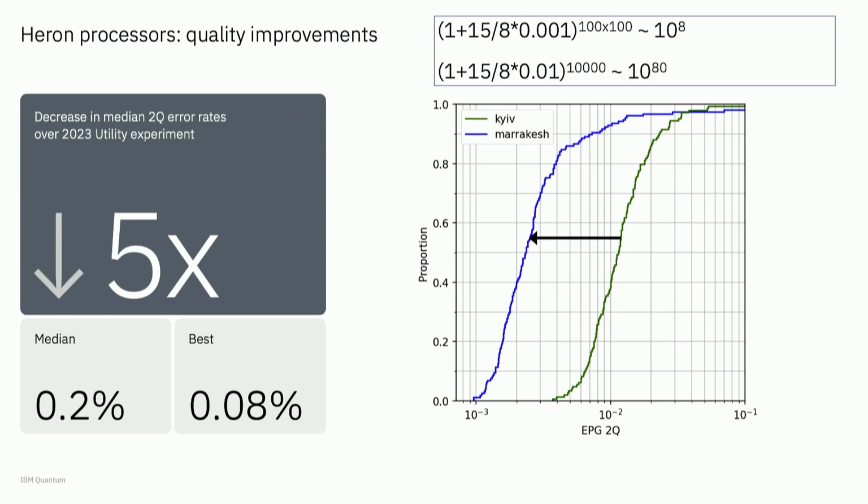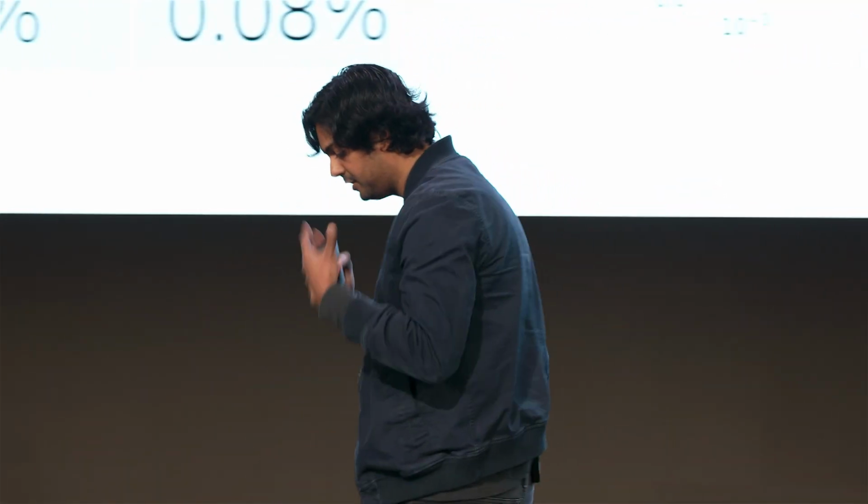And you can see I have some numbers at the top. Essentially, that PEC sampling overhead for a 100 by 100 circuit drops by 70 orders of magnitude with this 5x improvement in gate fidelities. And we already know our best fidelities are even better, closer to 7.5 E minus 4, so that's going to get the overhead even down if we can have a large device at that quality. Okay? This is the essence of our roadmap.